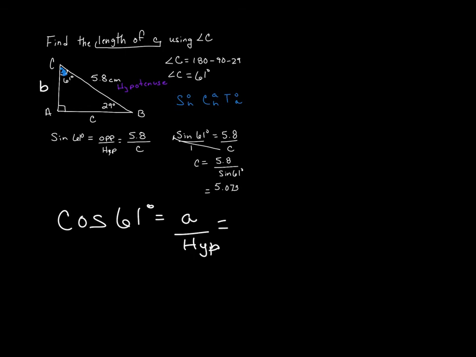But if I wanted to, that would just be the adjacent side, which is side B, over the hypotenuse, which is still 5.8 centimeters.